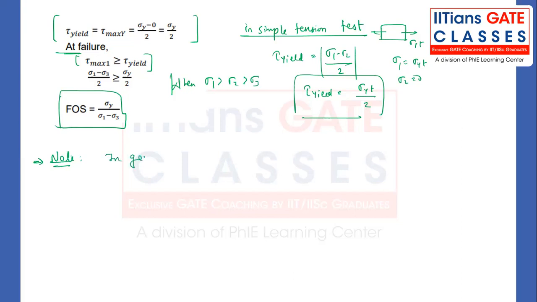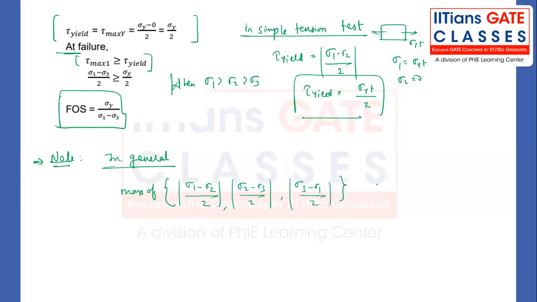In general, the maximum of sigma 1 minus sigma 2 by 2, sigma 2 minus sigma 3 by 2, sigma 3 minus sigma 1 by 2, if it is less than or equal to tau yield stress divided by factor of safety, then we say the material is safe.